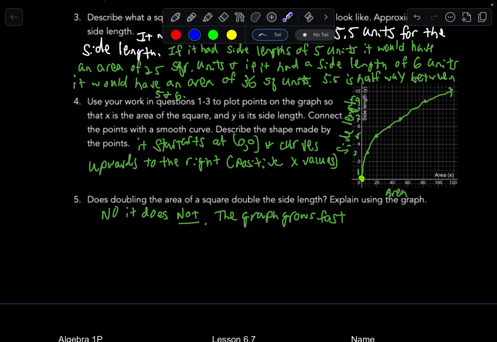So it grows fast at first, and then more slowly, and then more slowly. The side length won't grow as fast as the area.